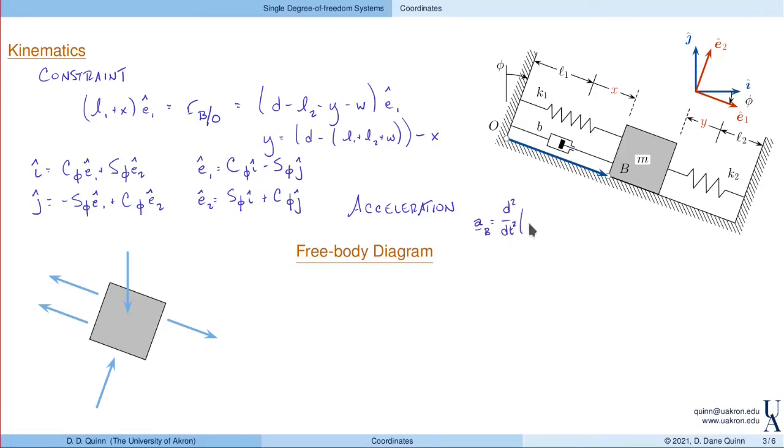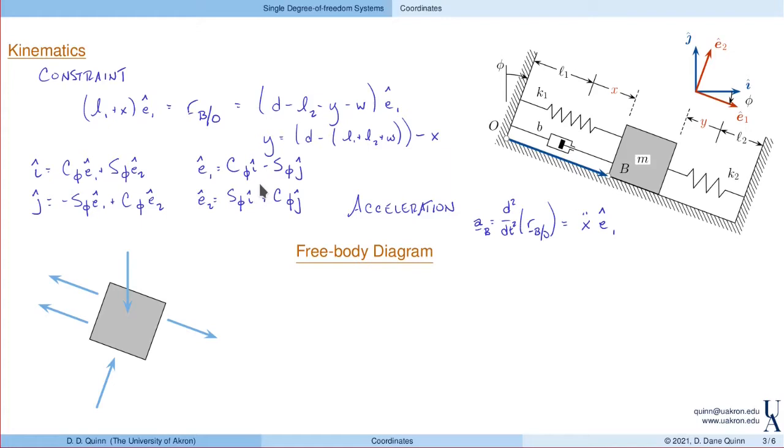And the position vector was r of B with respect to O. So let's use x here. If I take two derivatives of this expression, I simply get x double dot in the E1 direction. So again, we have the acceleration in terms of the coordinates. We have the constraints in terms of the coordinates, and we have the relationship between the direction vectors.